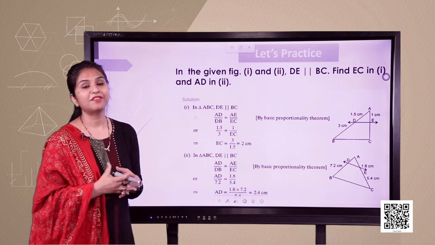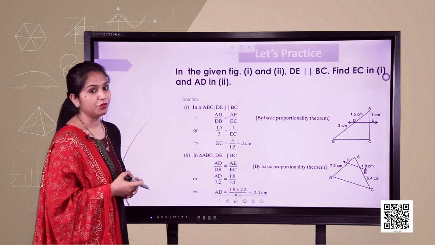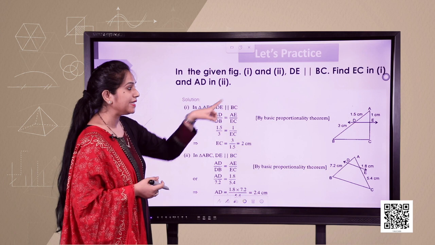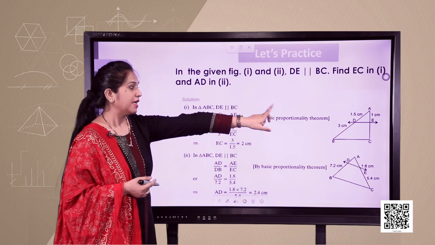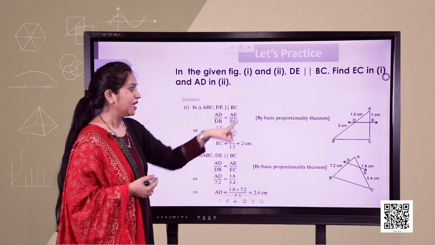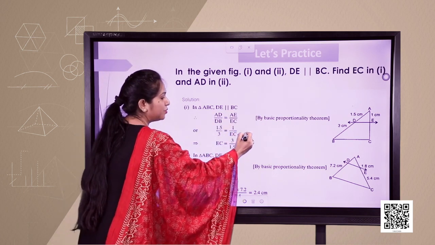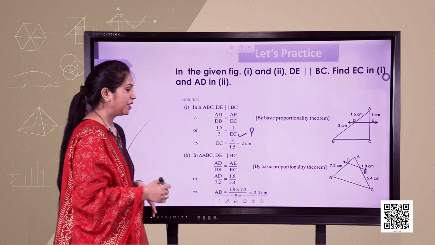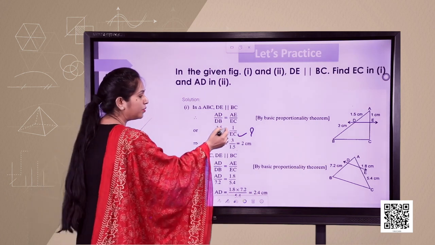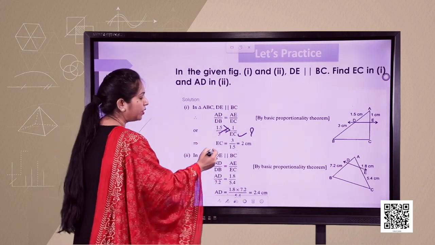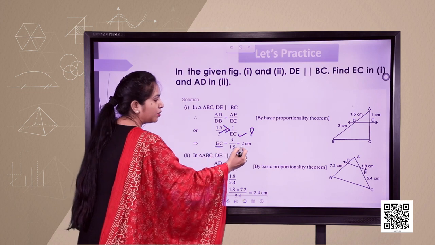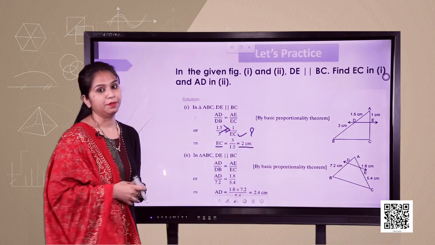Now substitute the values from the diagram: AD is 1.5 and DB is 3. AE is 1 centimeter and EC we need to calculate. On substituting and cross multiplying, we get EC is equal to 2 centimeter.